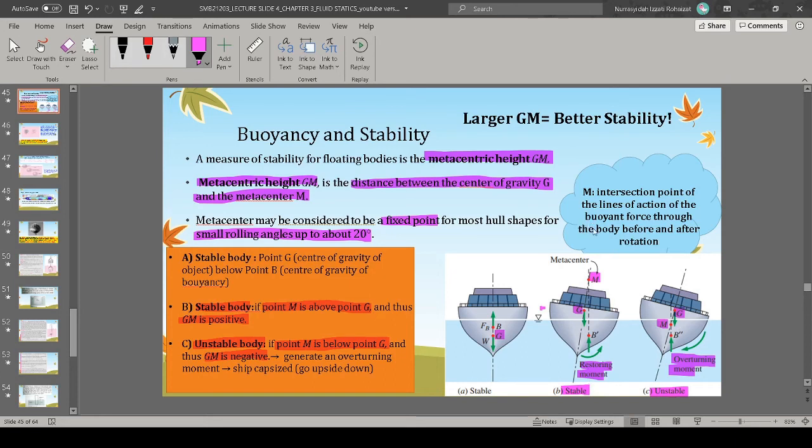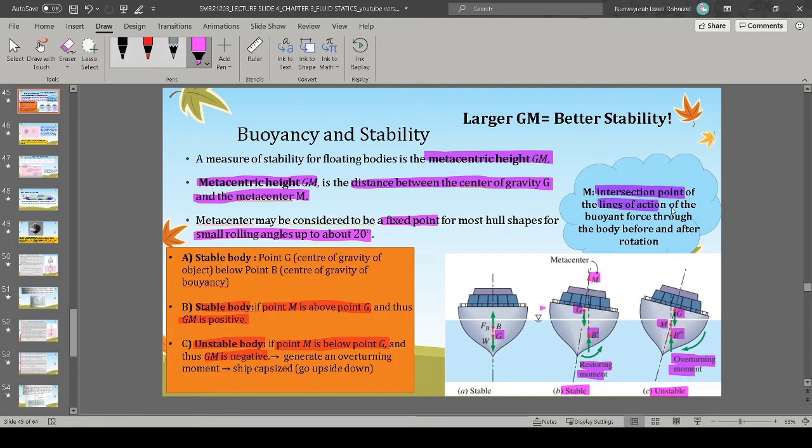So overturning moment or restoring moment will happen when point G and point B are not aligned. So when they are not aligned, we will have the line of intersection. We will have the point of intersection.